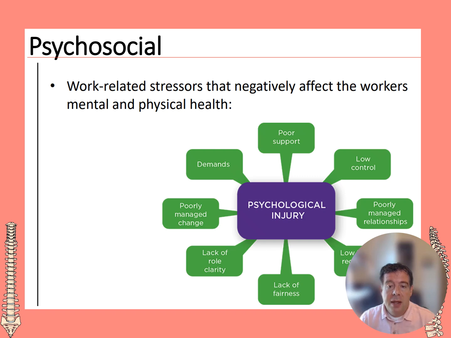Maybe they're saying, oh, we need to produce 100 a day and we're only producing 70. So that's going to affect our psychosocial. If we have lack of role modeling, lack of fairness, management, all of these factors go into psychosocial, and they can positively affect, but many times they have a negative effect if any of these are lacking.